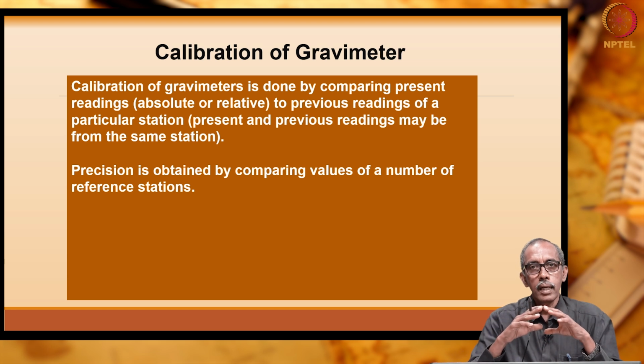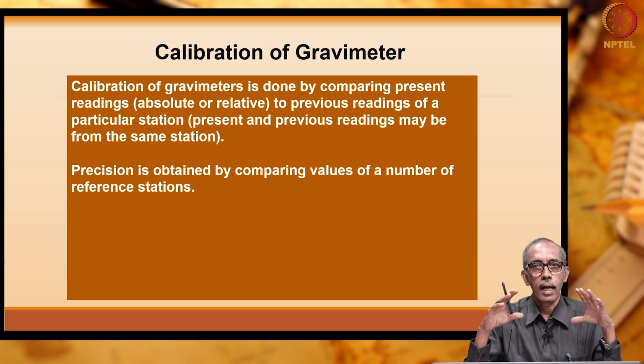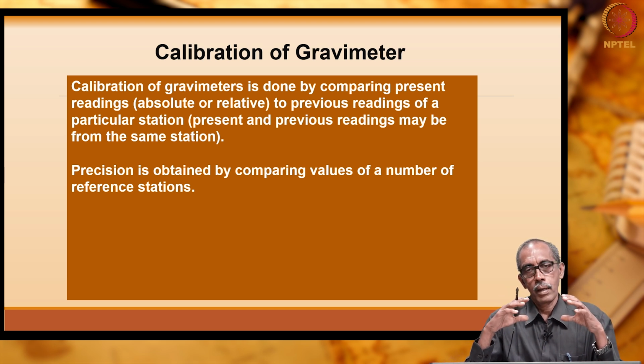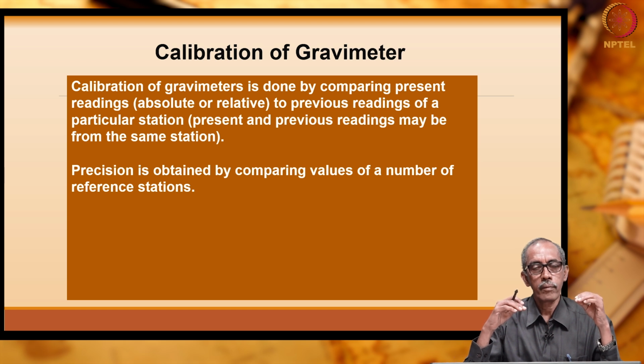Now, let us see, we can use any type of gravimeter sold in the market according to our wish and convenience. Now, we have got the data, but is the data which we have got really correct? How can we make sure that the data which we have obtained using the gravimeter is perfect?